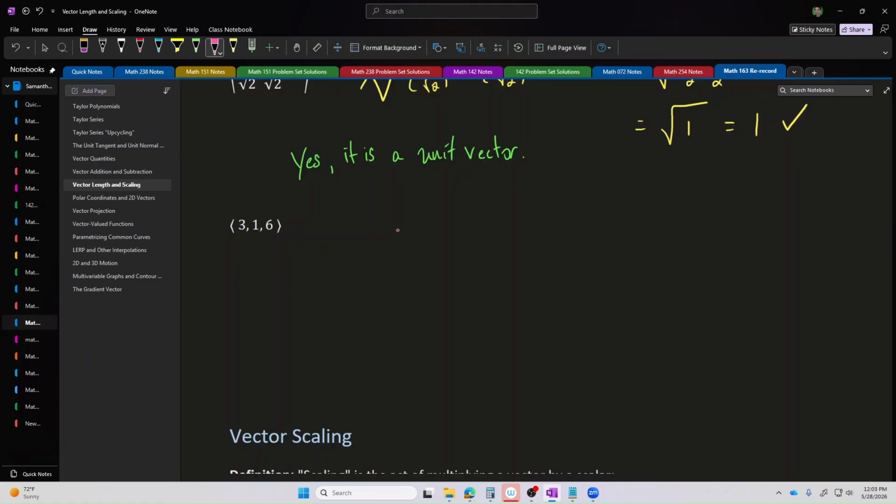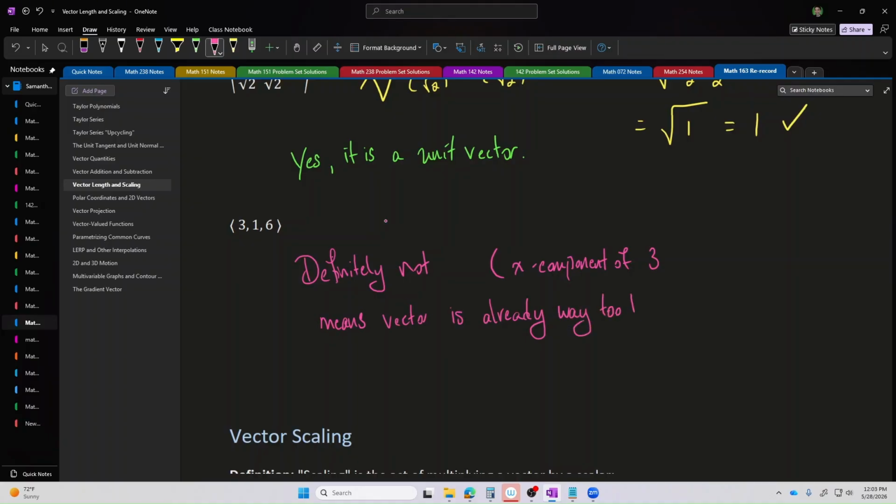Not to mention all the other components, 1 and 6, which are also contributing to the length. A unit vector is a vector whose length is 1, precisely 1 unit.